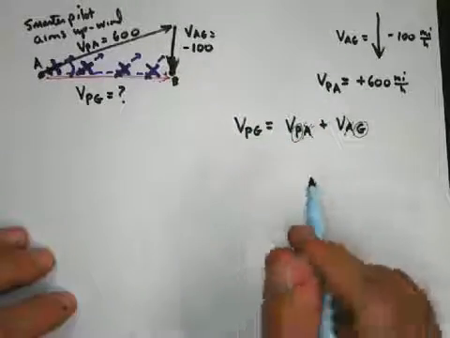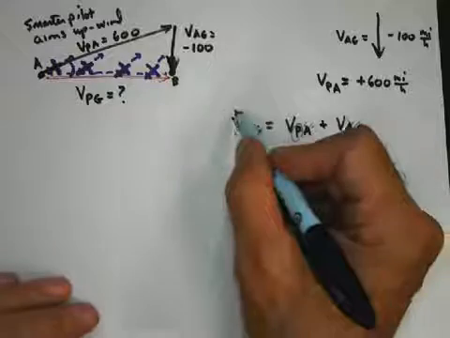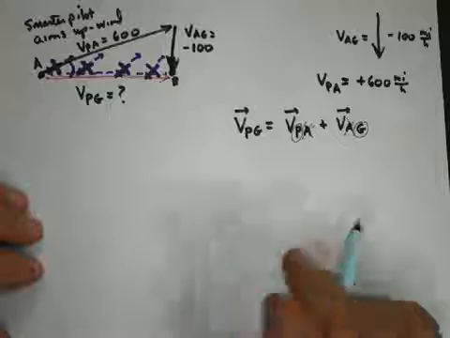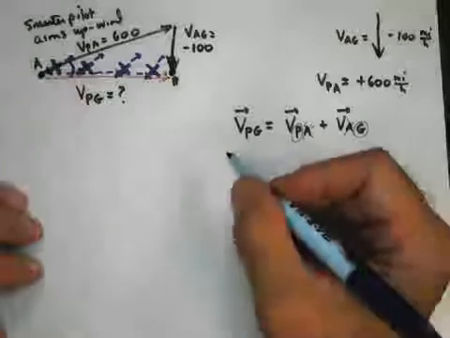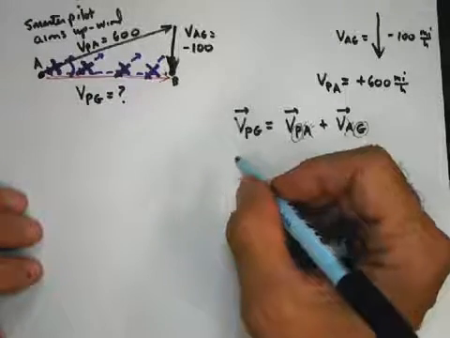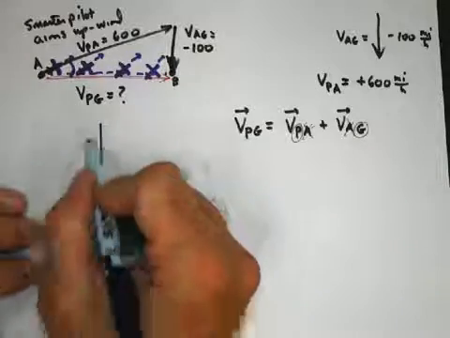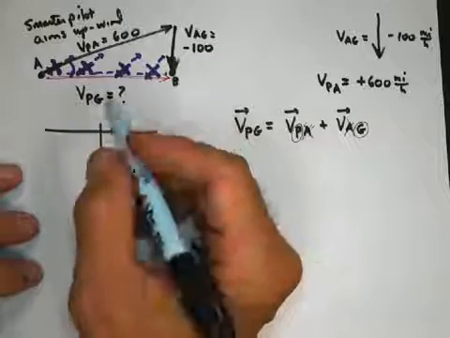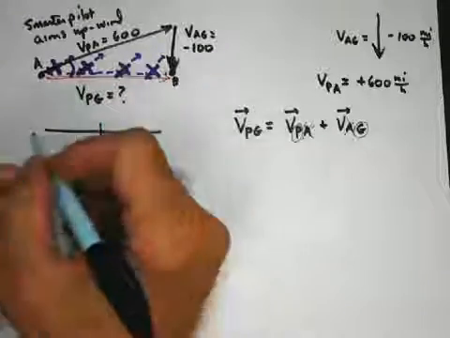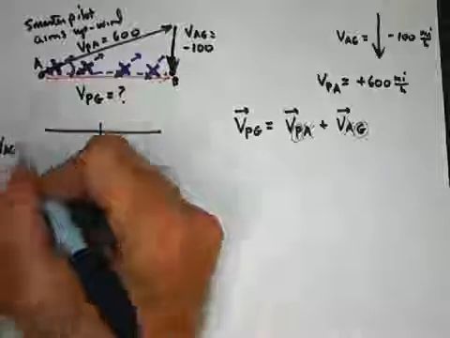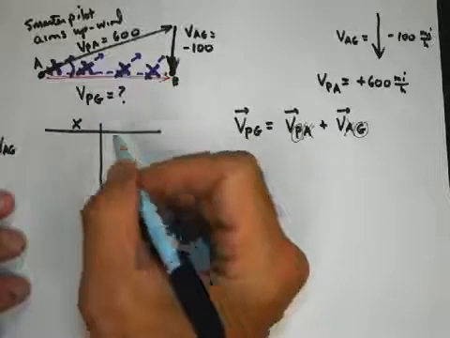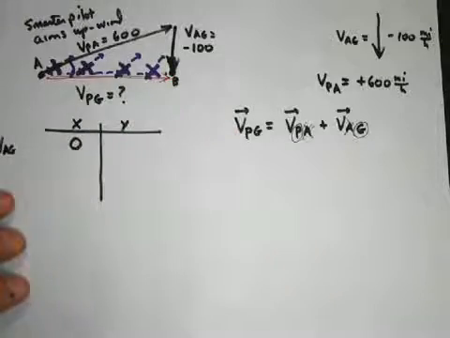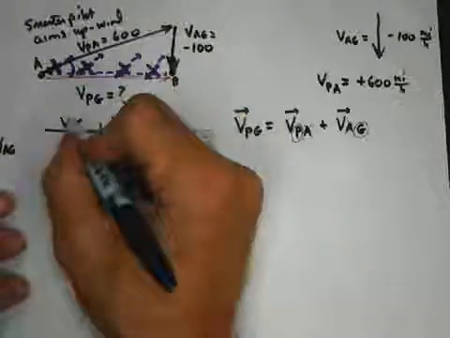These are vectors now, and they both have vertical and horizontal components. So we ought to split that up. We have the velocity of the air with respect to the ground. Does it have any x component? No, it's all vertical, so there's no x component. How about the y component? Well, that would be negative 100, wouldn't it?